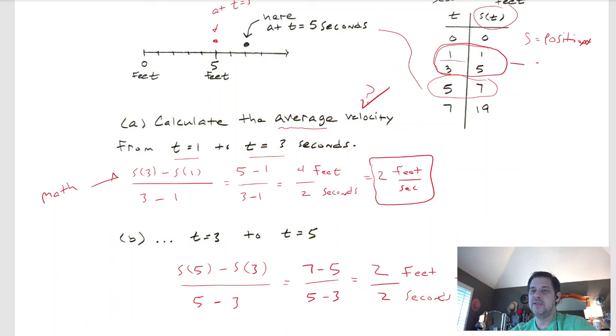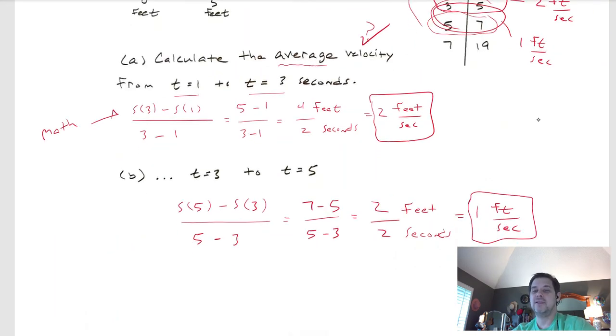Here we're moving at 2 feet per second in this interval. And then in this other interval right here, from 3 to 5, we're moving at 1 foot per second. Slowing down, it seems like.